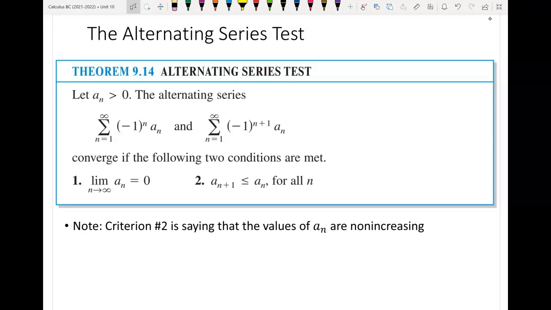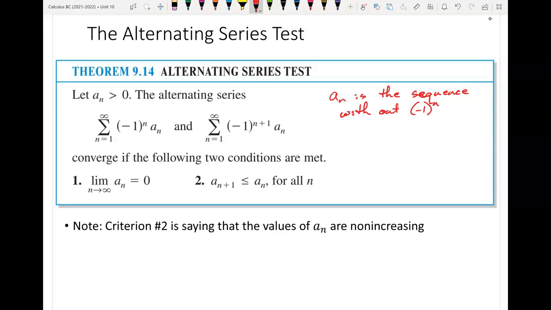So the a sub n that we're looking at here is really the sequence without the alternating component. If you want to make a note of that, a sub n is the sequence without the (-1) to the n power, that alternating component.